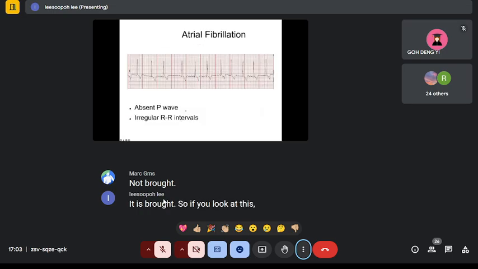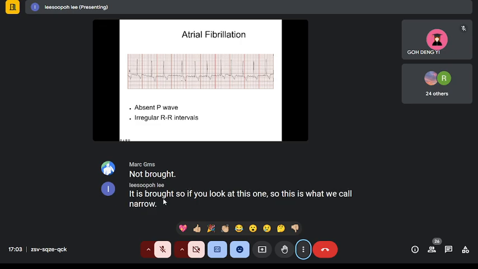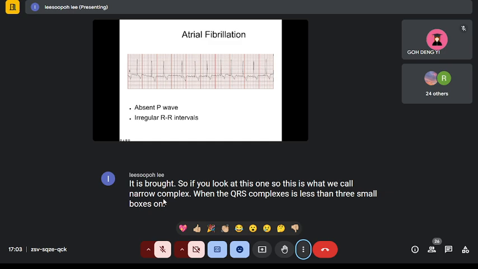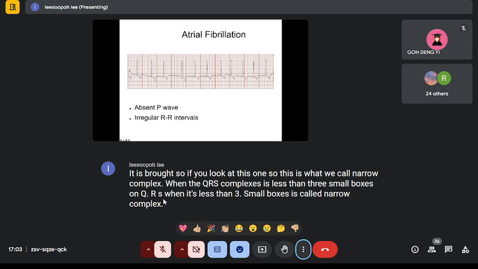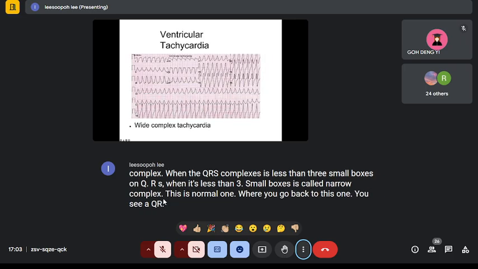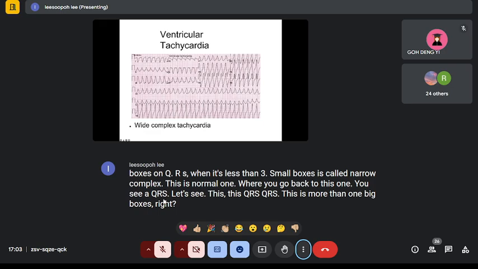If you look at this one, this is what we call a narrow complex. When the QRS complex is less than 3 small boxes, this is called a narrow complex. This is a normal one. When you go back to this one, you see your QRS. This is more than 1 big box, right?